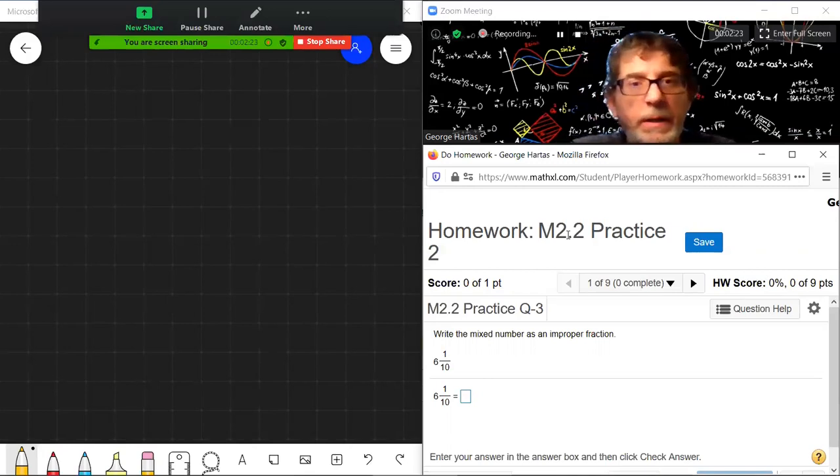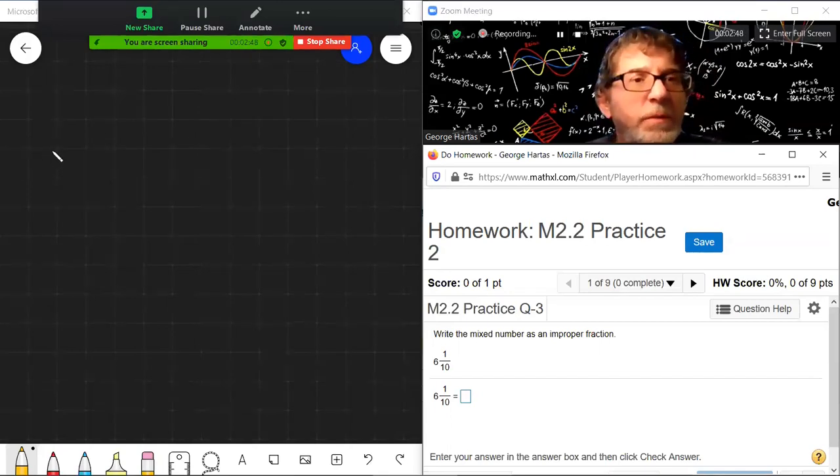Okay, so right in question number 1 here, what they want us to do is write the mixed number given into an improper fraction format. So again, I'm not going to do a ton of detail here, but just walk through it to reinforce what you already know from the previous video.